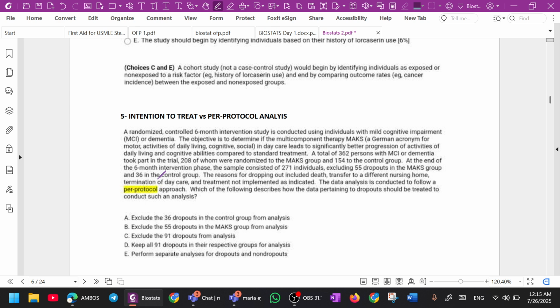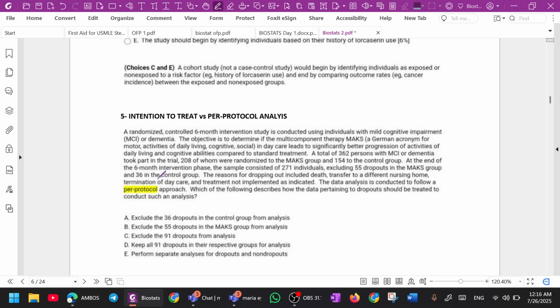A total of 362 persons with MCI or dementia took part in the trial, 280 of whom were randomized to the MAX group and 154 to the control group.